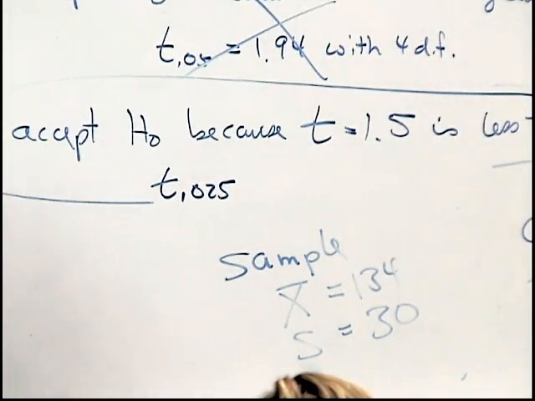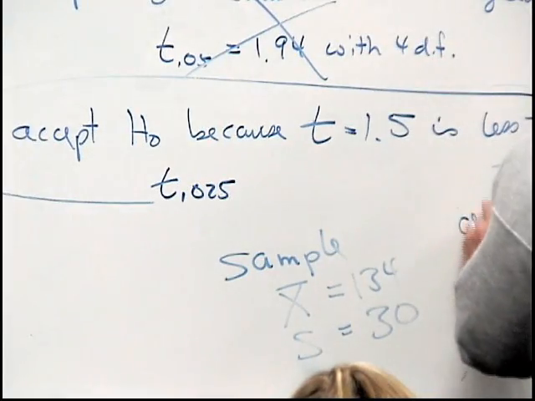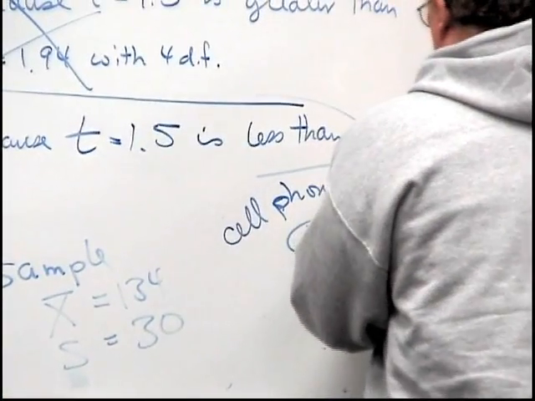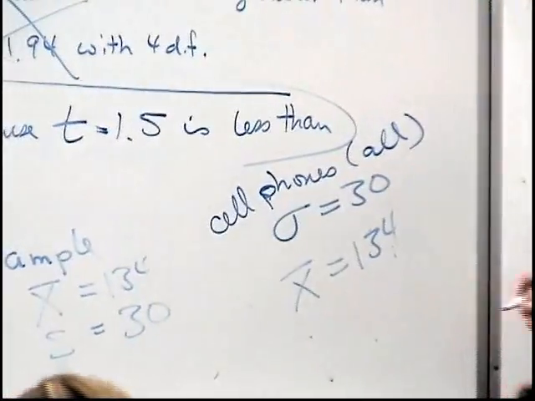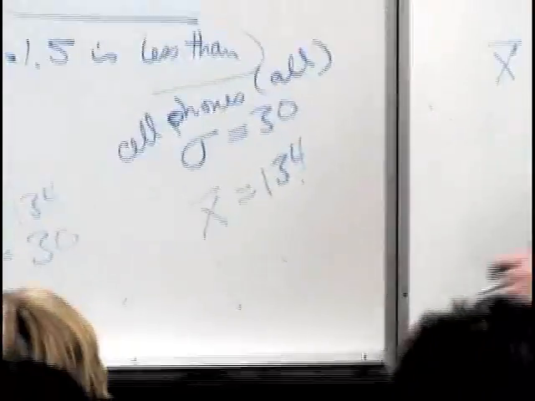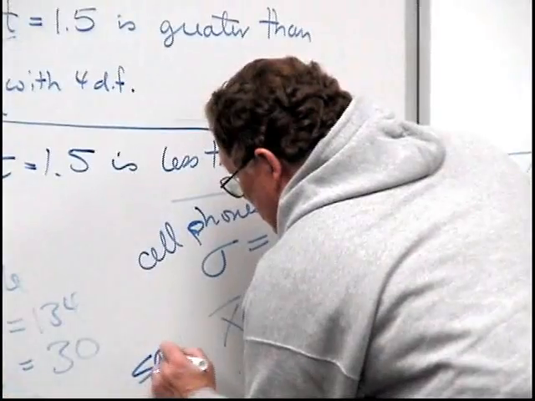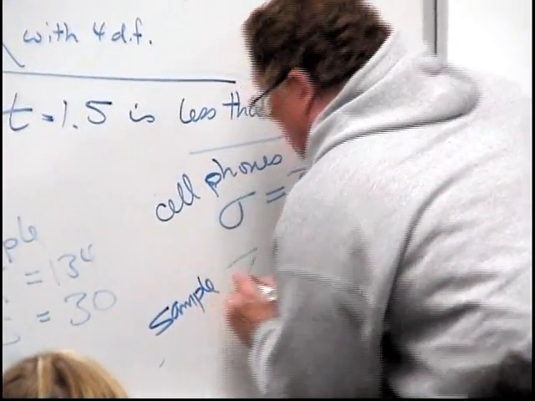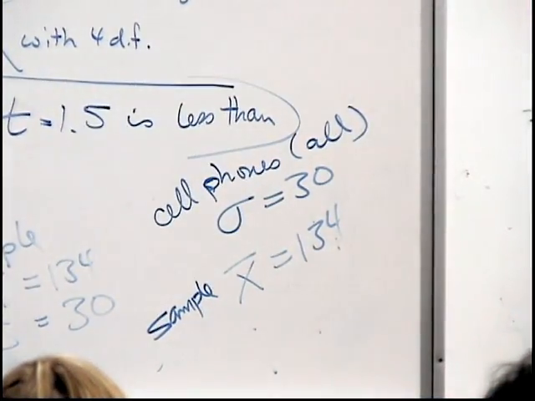What was different about the other words? I just said cell phone. By implication, when I'm saying cell phones, I'm talking about all cell phones. And after I told you the standard deviation, I said, by the way, I took a sample and found a mean.